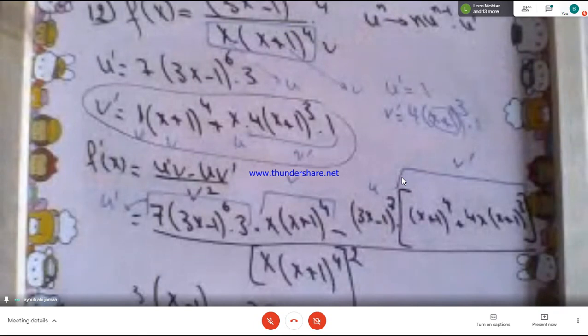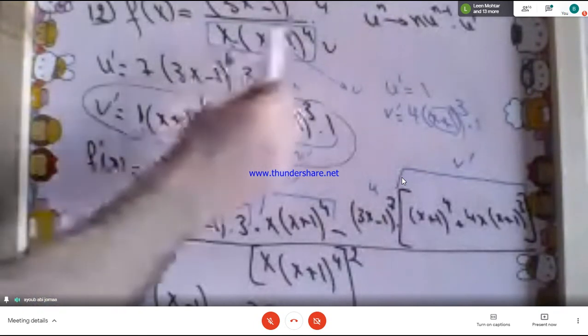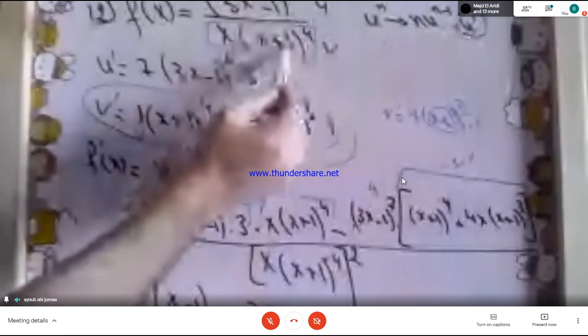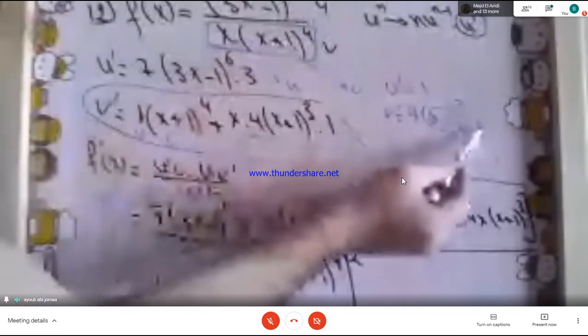So the derivative will be 4 into x plus 1 to the power 3, times the derivative of the inside. The derivative of x plus 1 is 1.